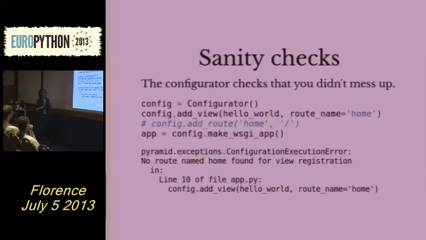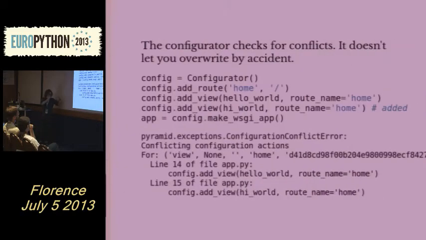So this configurator has a few nice things. It has sanity checks. When I define a view, I have to attach it to a root. If that root doesn't exist, it doesn't make sense. The application can't work, and the configurator will tell me with a very precise error message: on this line, there is no root name like this. But even more importantly, there is conflict detection.